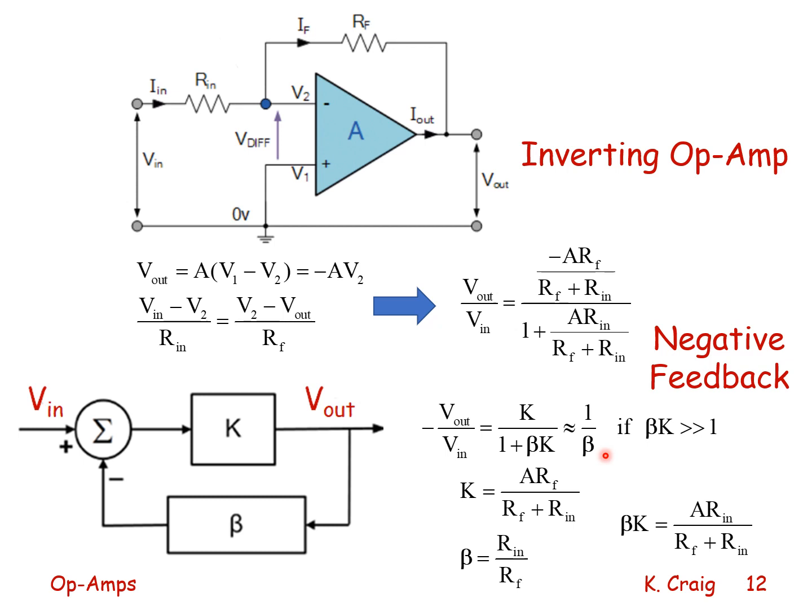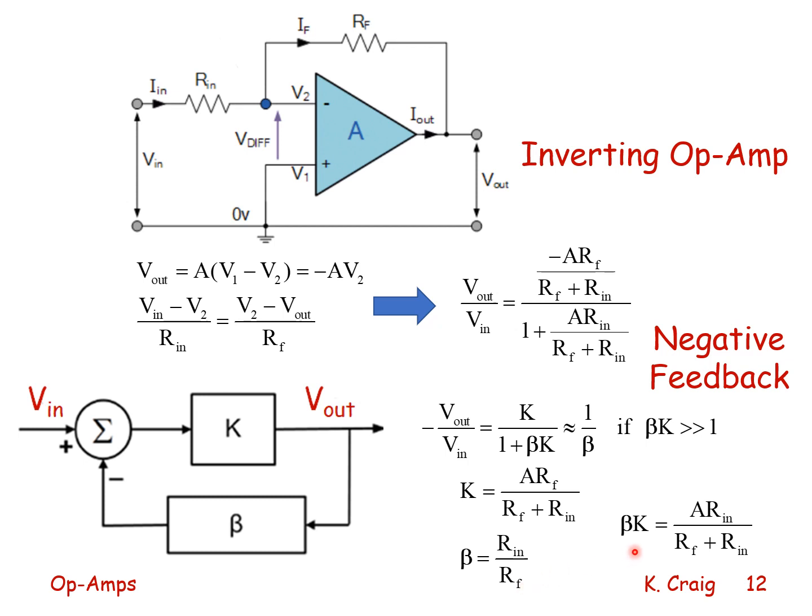Now, if I substitute what I found in my inverting op amp relationship into this formula, I find that K is equal to A times R feedback over the sum of R feedback plus R in. And beta is equal to R in over R feedback.